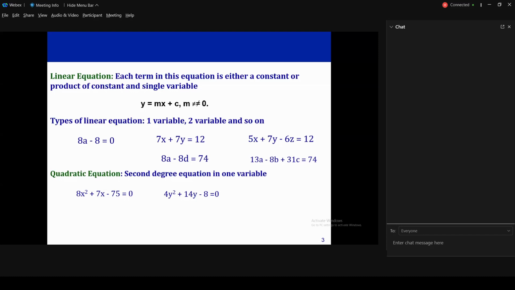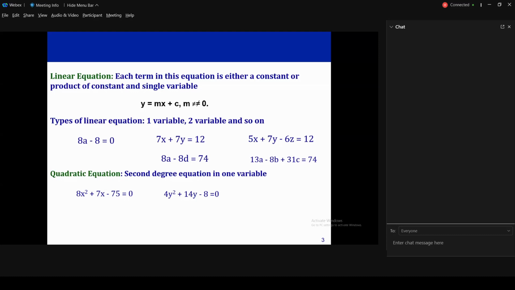If you see each and every term, it's either a single variable term or the product of a constant and a single variable term. If you look at y is equal to mx plus c, it's basically a two variable equation. So types of linear equations: one variable, two variable, three variable, and so forth.